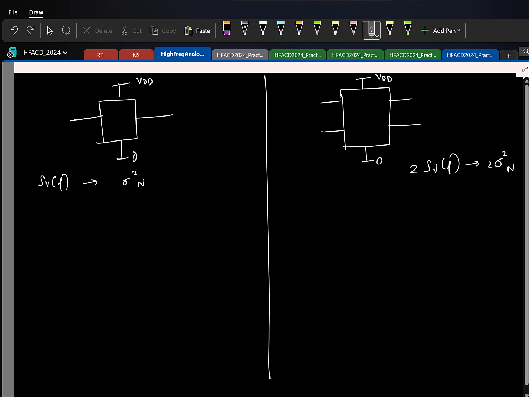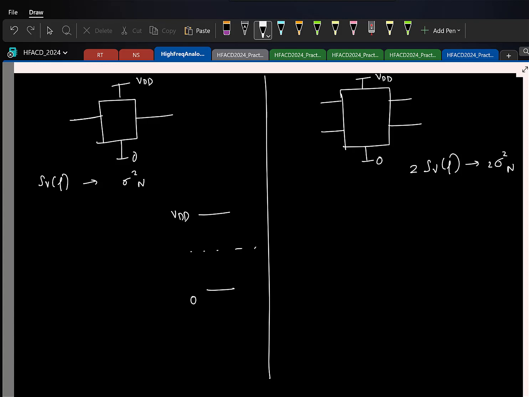But in practice we are not only interested in noise power, we are interested in something called signal to noise ratio, right? We want to see how much is the maximum signal power the system can process and how much higher this maximum signal power is than the noise power. So first of all, the supply rail is from 0 to VDD. What is the maximum sinusoidal input I can apply here?